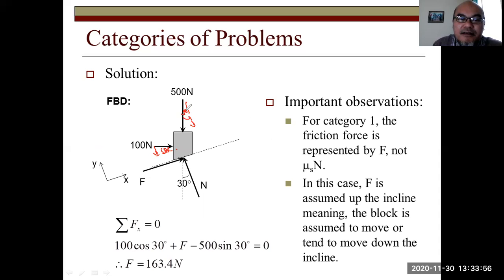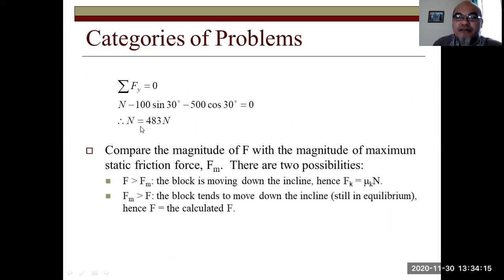This is 30 degree. So this is minus 500 Newton cosine 30 degree. I hope this is clear. Then I clear the drawing. So from here we obtain N equals to 483 Newton.